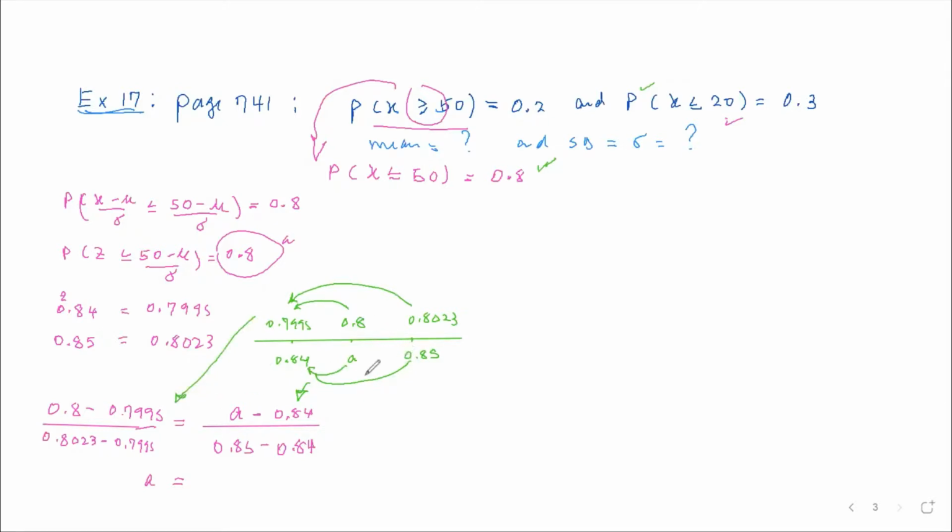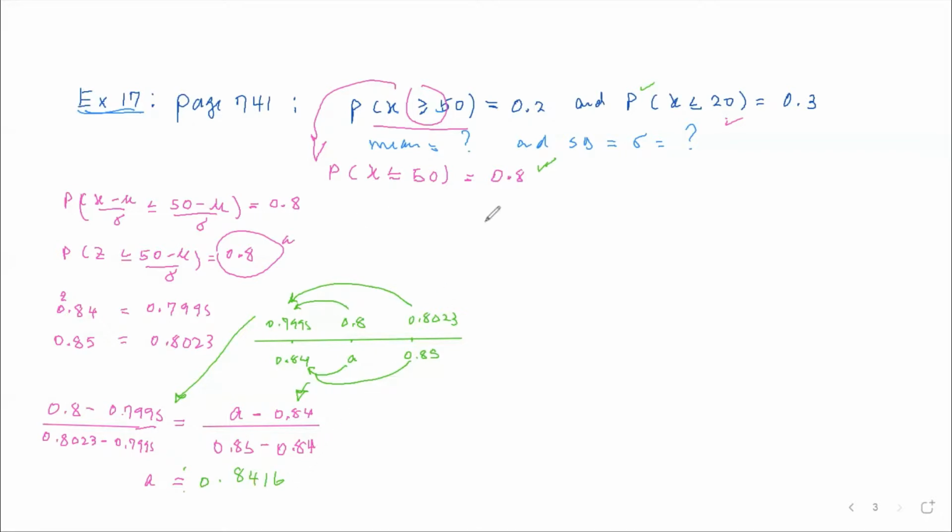Okay, this is the ratio. Then you get the value of A. We got A approximately 0.8416. You use a calculator, simplify, and do cross multiplication.